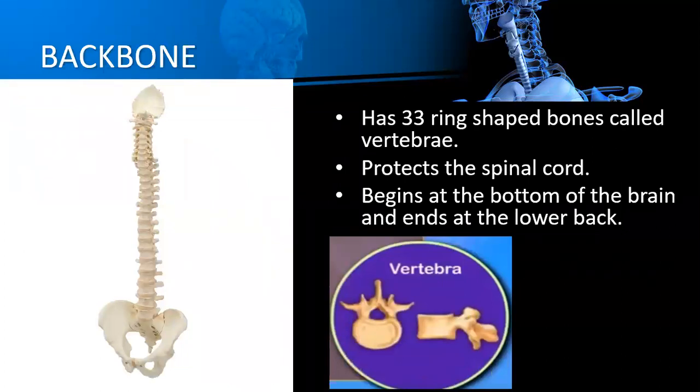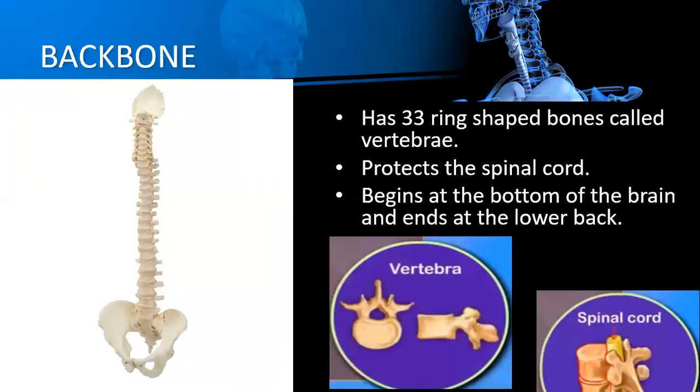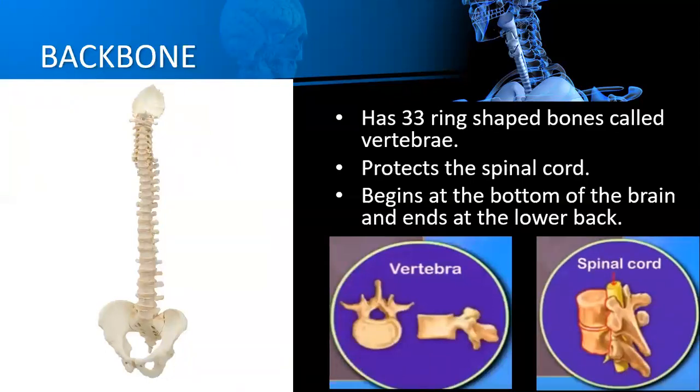The 33 ring-shaped vertebrae are placed one over the other, forming a vertebral column. The spinal cord passes through the vertebral column. Backbone facilitates twisting and bending of our back in different directions. It protects the delicate spinal cord.